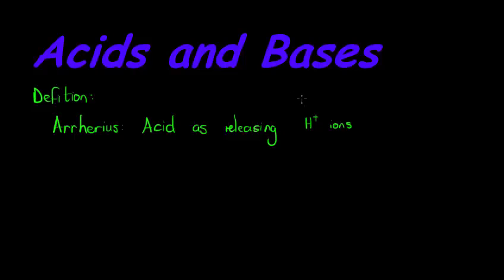Okay, so the definition, there's two types of definition. One was by a guy with the name of Arrhenius, and he defined an acid as releasing H plus ions, or instead of H plus it could be H3O plus ions in water.